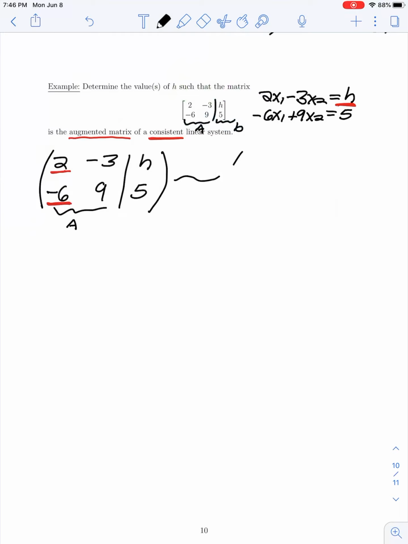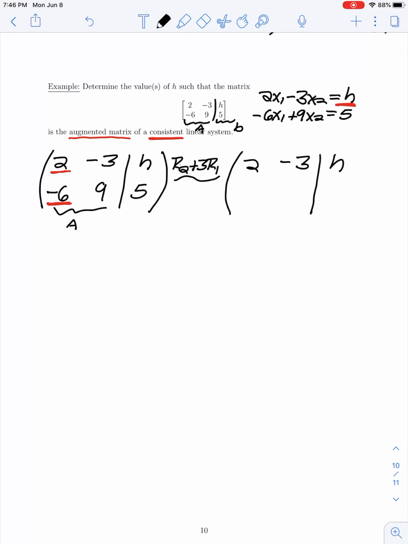So here, this would be equivalent to the matrix that we get by taking row 2 and adding to it 3 times the first row. Row 2 plus 3 times row 1. So let's see what we get. Our first row is the same. We have 2, negative 3, h.